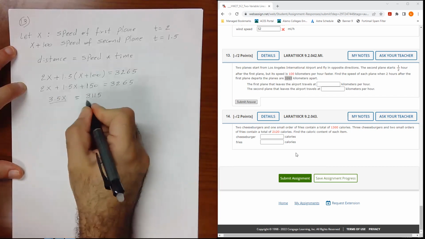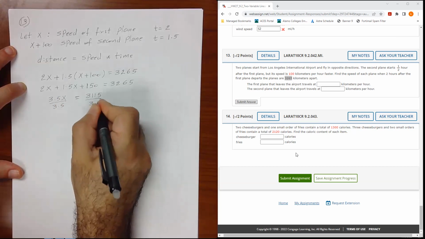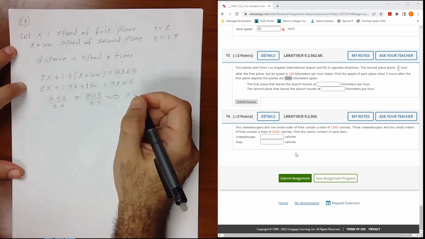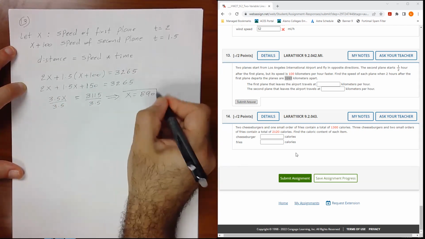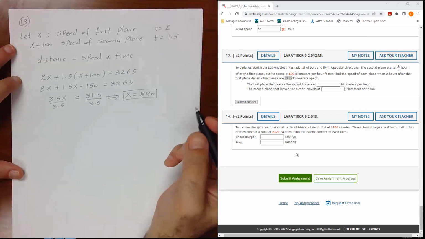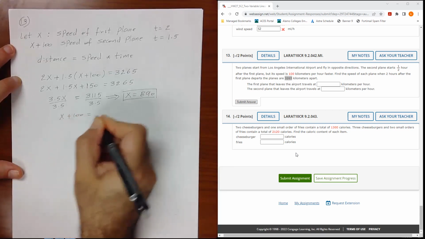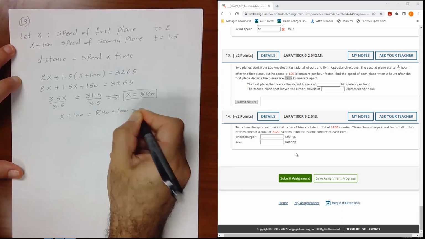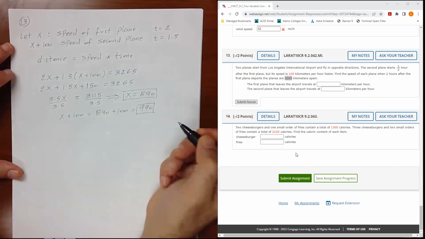Then divide both sides by 3.5. In this case, x is going to be equal to 890. This is the speed of the first plane. Now x plus 100 equals 890 plus 100, which is 990. So this is the speed of the second plane.